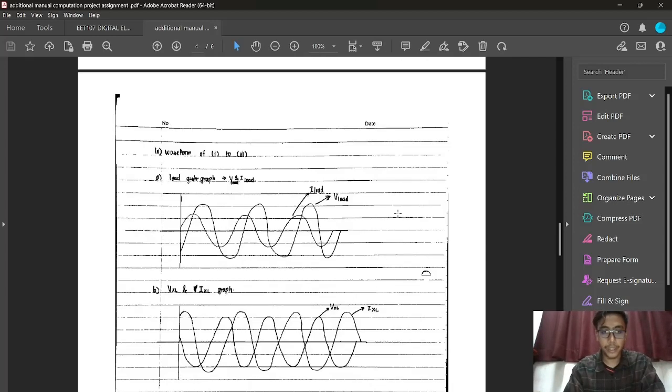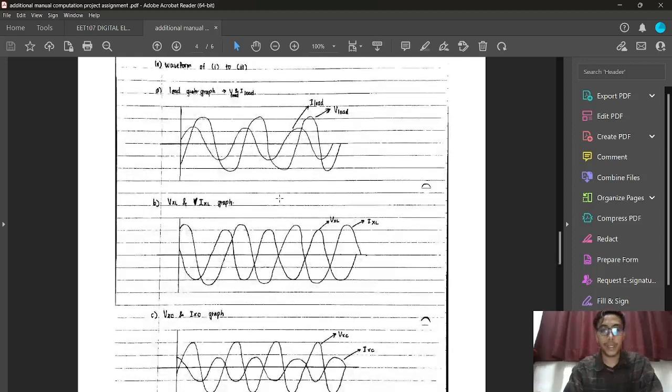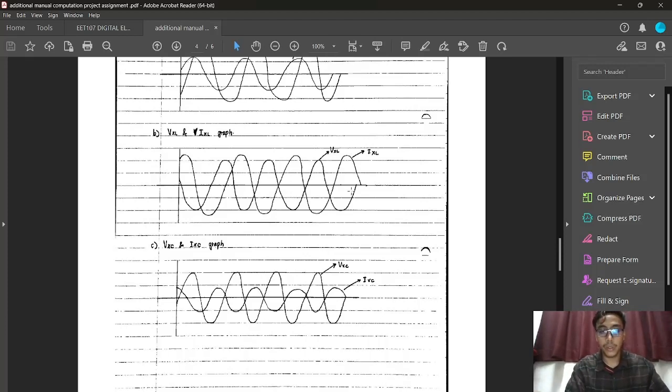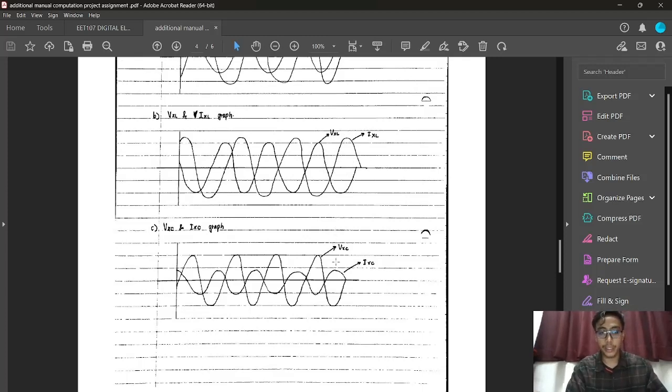For the same question, I need to draw the waveform. I just get this waveform from the oscilloscope in Multisim, by copying from the oscilloscope. This waveform represents I load and V load, and also V and I for the capacitor.